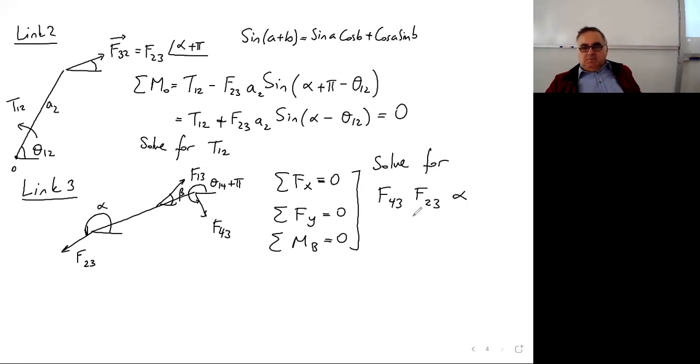Those are the unknowns, okay? And you solve for T12 from this equation. And you have 3 more equations which you solve for these. I'm not going to solve it in detail, but I show you how you can do it, okay? So basically the problem is solvable, as you see.